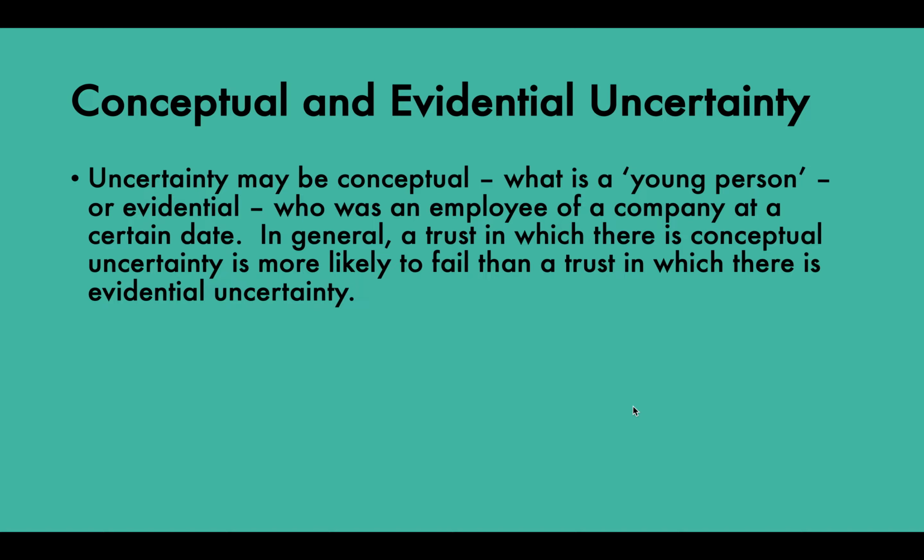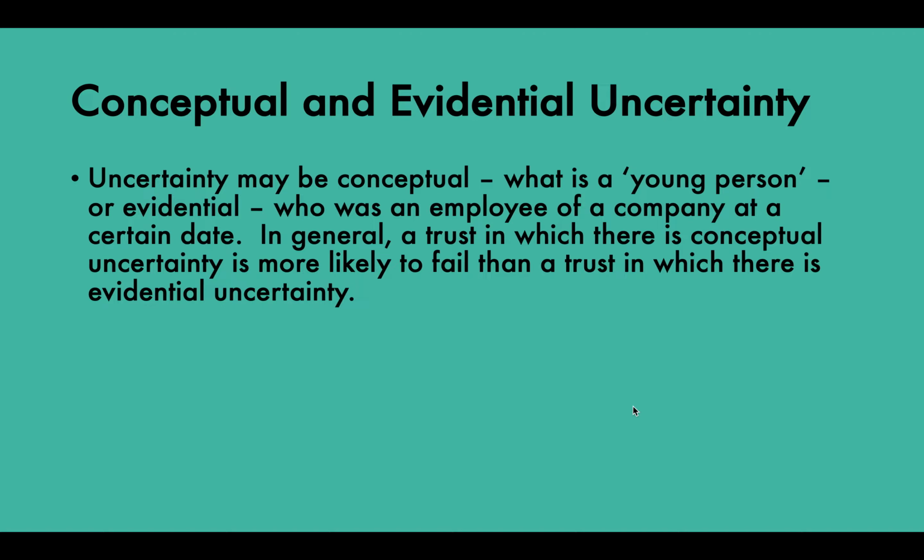The situation that is caught by this form of uncertainty is where the meaning of the words used in the trust are unclear or vague. So words will be conceptually uncertain if the exact meaning of the definition used contains any linguistic or semantic uncertainty. If, in other words, it is impossible to say what the words in question actually mean.